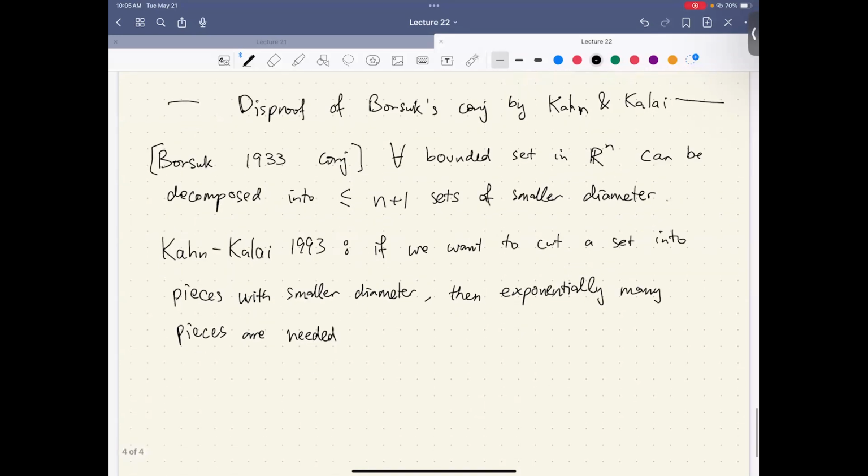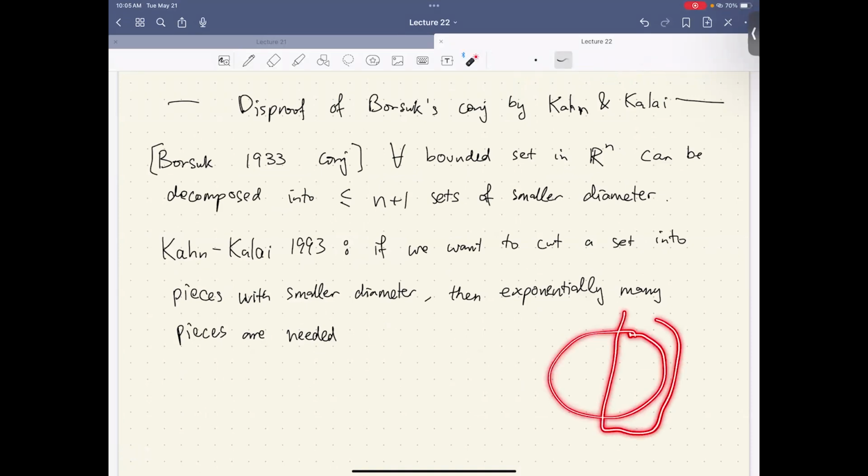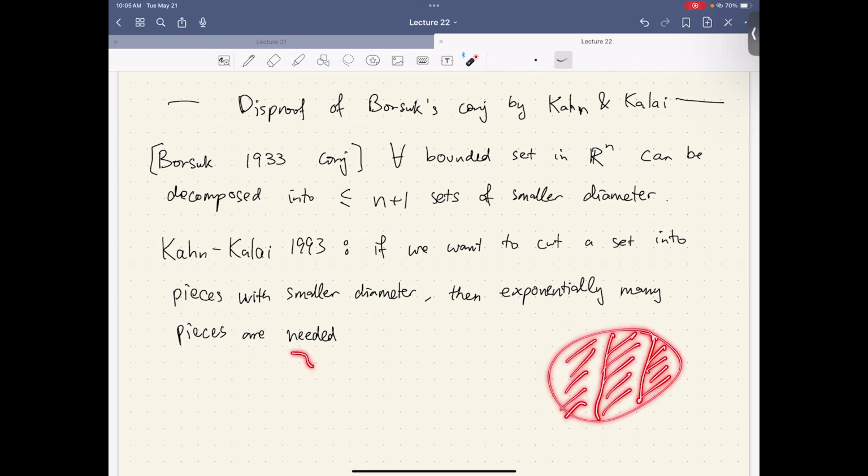Decompose just means, if you have a set, you want to cut it into small pieces so that no point is left uncovered. You want to cover a set by sets of smaller diameter. That's all it means, decompose.